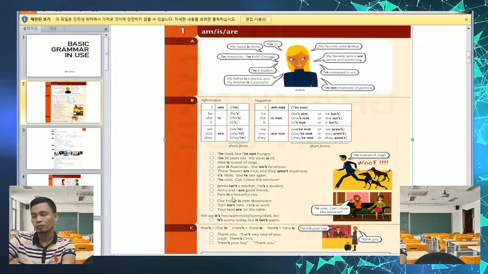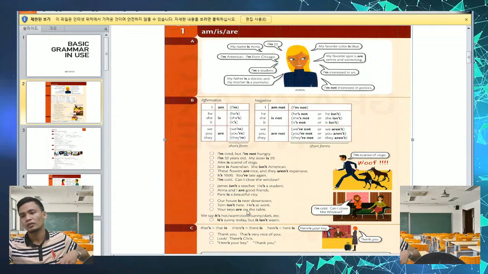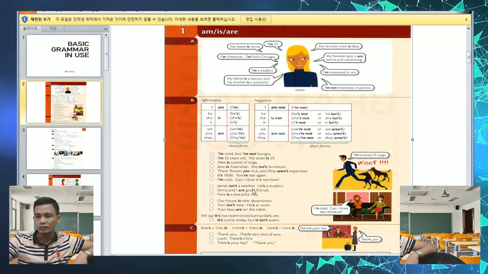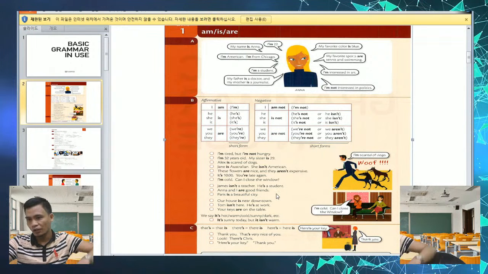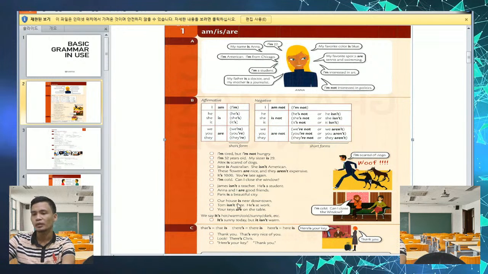Because we are defining what Paris is, and the subject here is Paris. We also have our house is near downtown. Is once again, because the subject here is our house, only one.